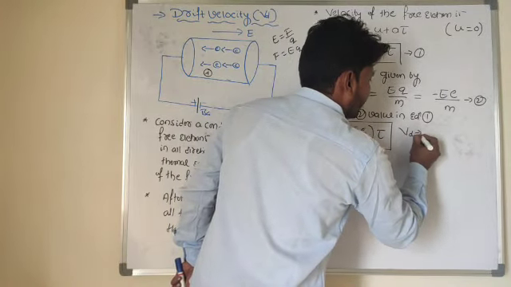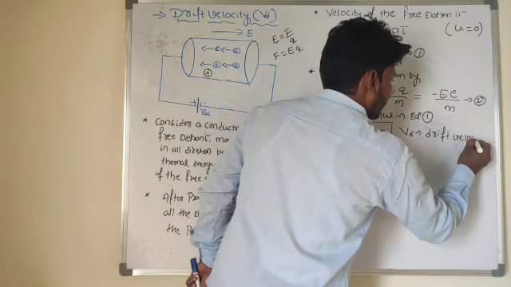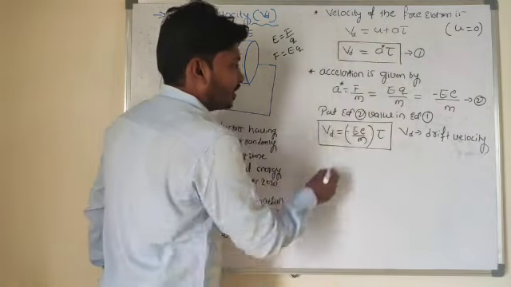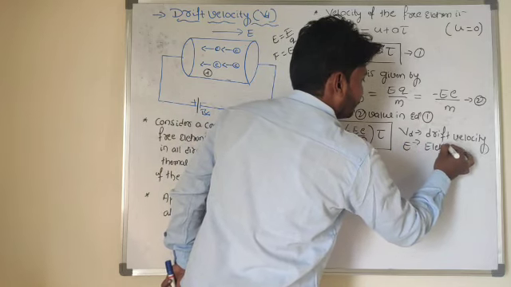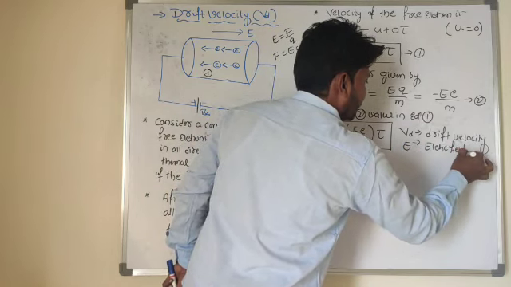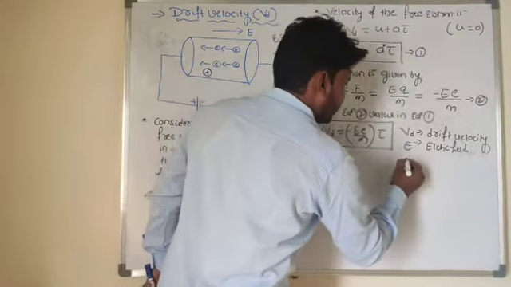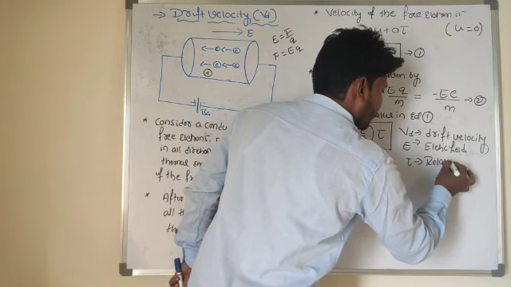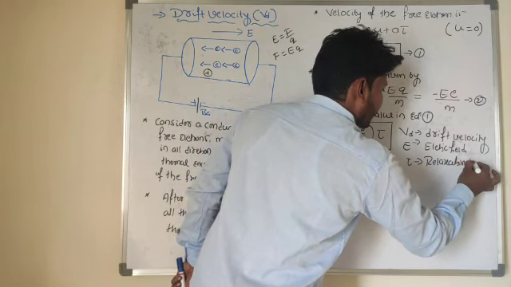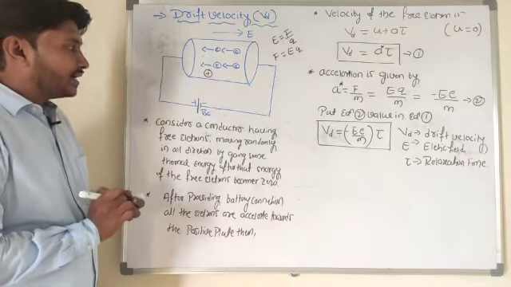Where V of D represents the drift velocity, capital E represents the electric field, small e represents the charge on the electron, and tau represents the relaxation time.